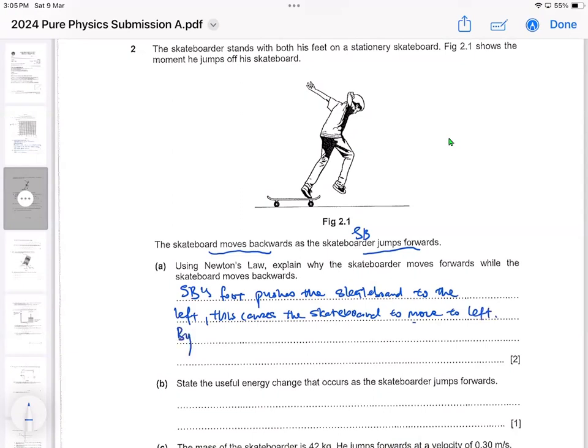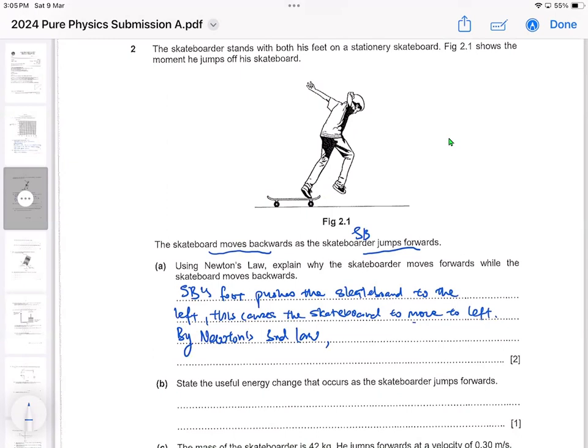Then the law that we're using is Newton's third law. Because you push the skateboard backwards, the skateboard will push you forward. Just like how when we walk, we kick backwards in order to move forward.